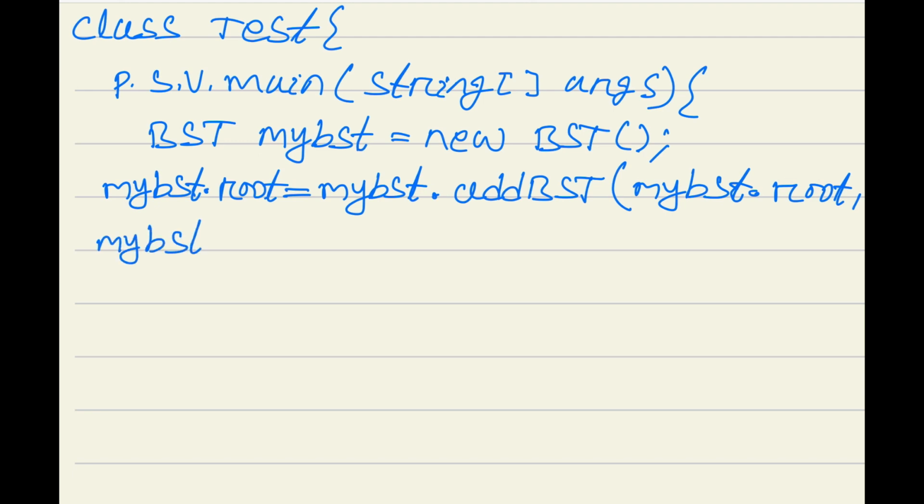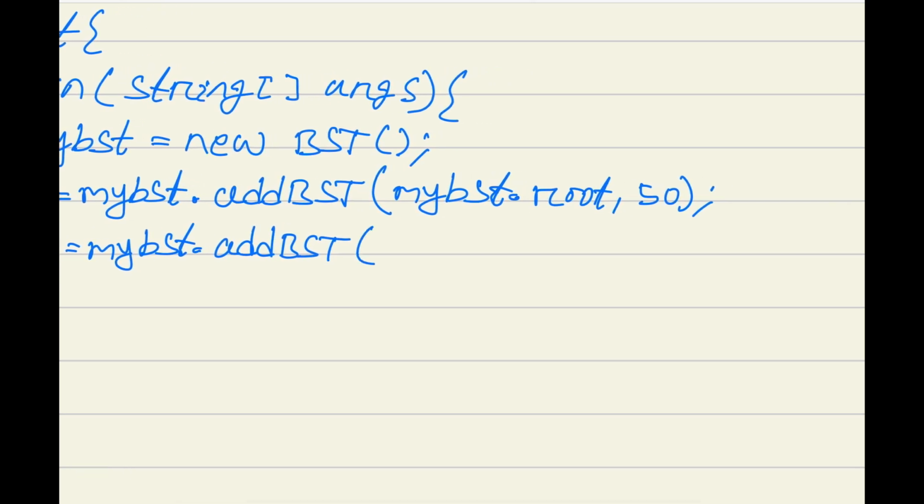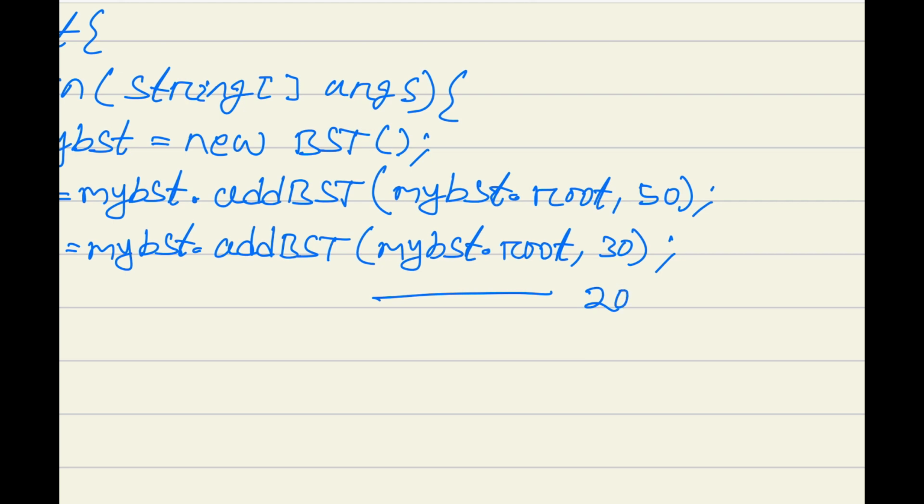We can write myBST dot root equal to myBST dot addBST, addBST is the name of the method, and here myBST dot root, and assume the value is suppose 30. Similarly we can add some values like this. Same thing, we can just here update 20. Similarly we can write 40 like this.